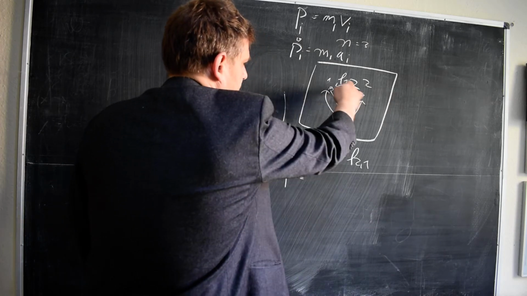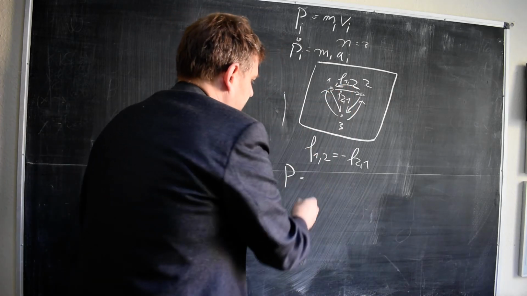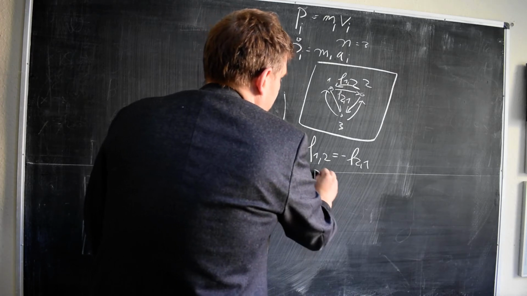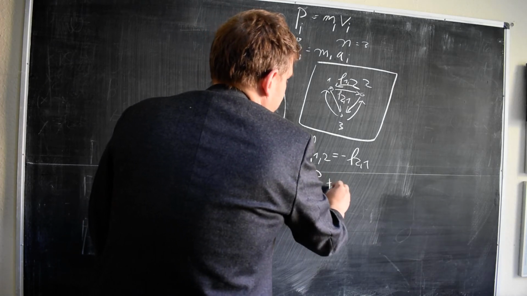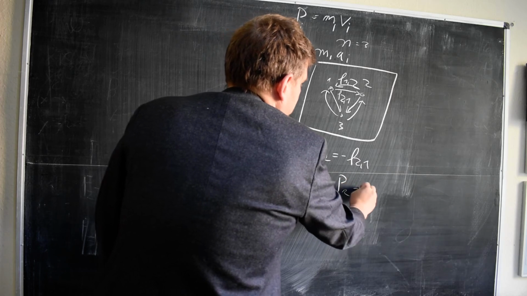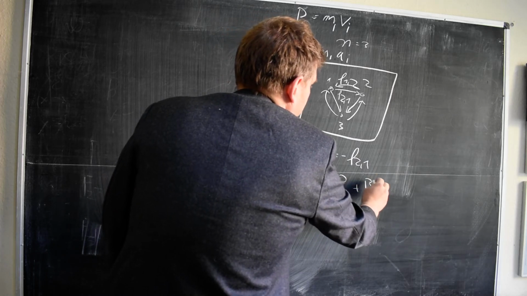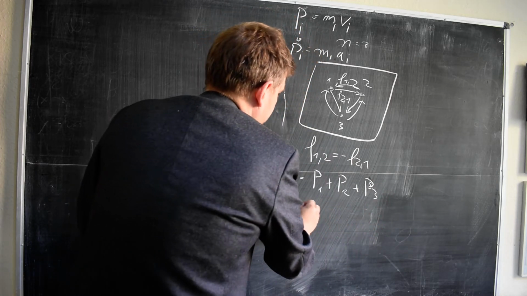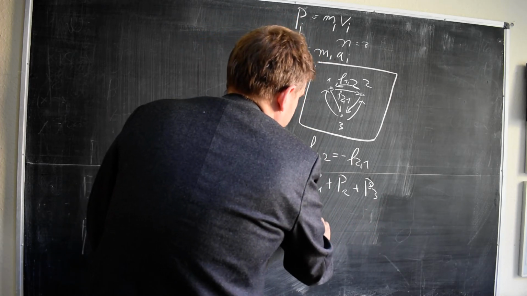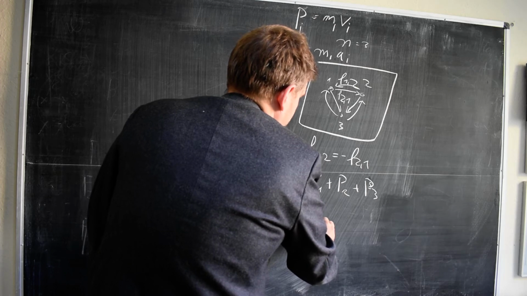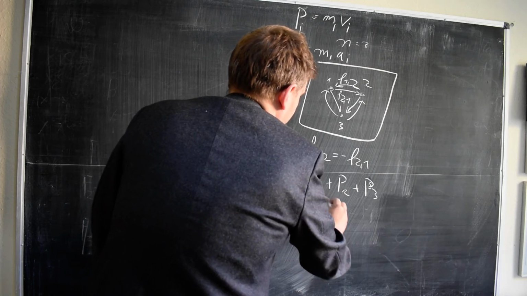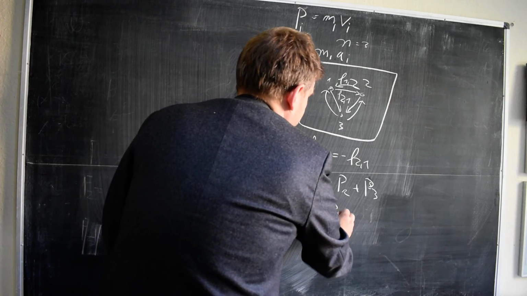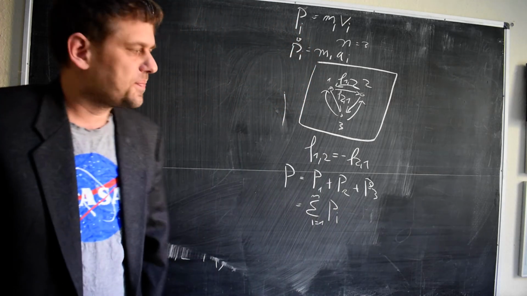This is the impulse of all the system, and this is simply defined as the sum P1 plus P2 plus P3, or in general it is the sum, where i ranges from 1 to n when you're talking about n particles, of the impulses Pi.